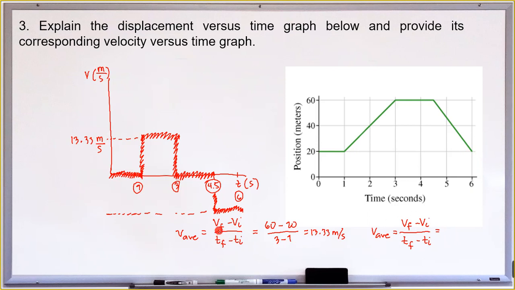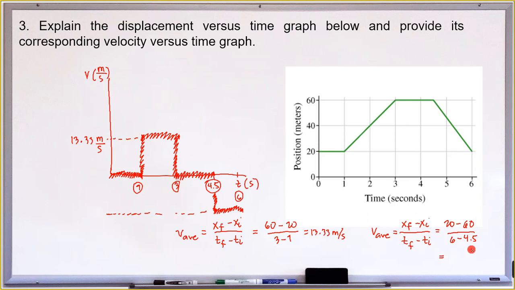Okay, sorry, this is not V final, sorry. This is not velocity. That is displacement. So, X final, X initial. So, final nga displacement kay 20. Initial displacement kay 60. Final time is 6. Initial time kay 4.5.